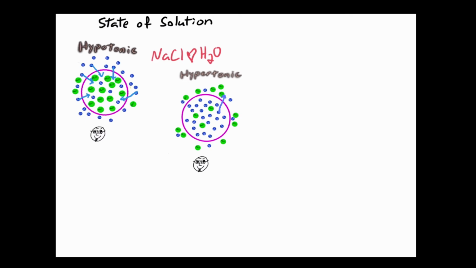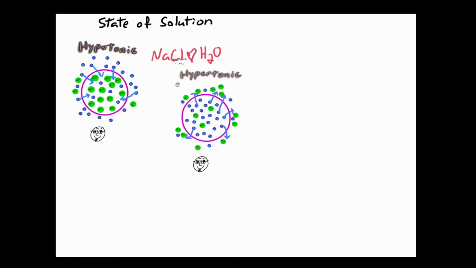Because again, the water can flow more easily through the membrane, and it wants to hang out with that NaCl. There's not much blocking it, so it's just going to boogie right out of here. So again, there's going to be water and salt flowing into and out of the cell, but overall there's going to be a net water loss. More is going to flow out than flow in.